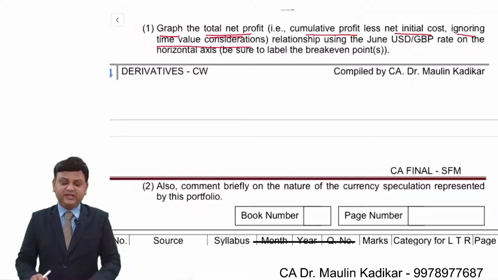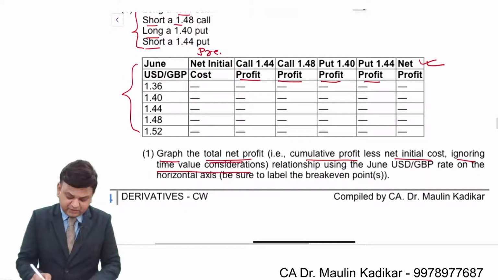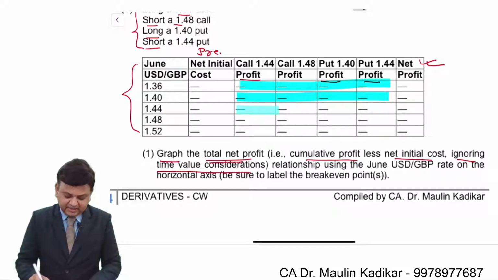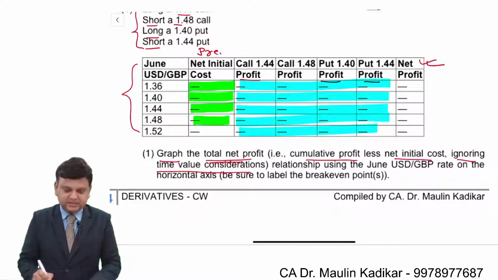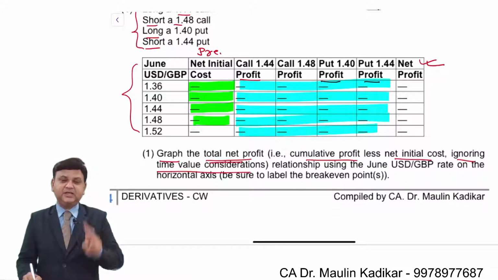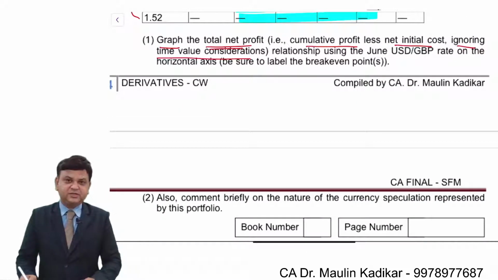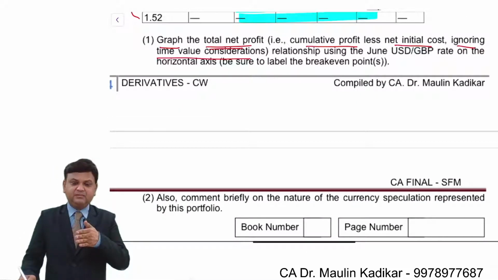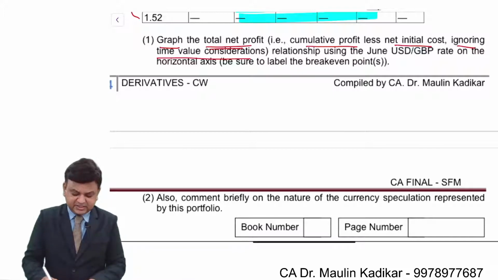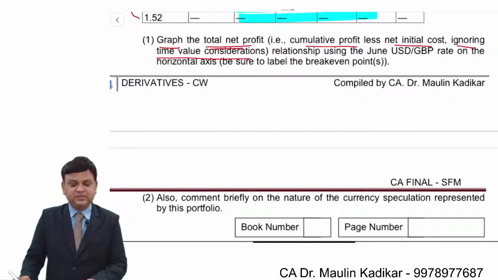The reason is that the payoff is received at the end of the period, at the end of June, whereas the premium is required to be paid when the option contract is entered upon. So there is basically a difference of the time value of money, a difference in the dates of the premium and the payoff, but it says to ignore it, and usually we always ignore it.